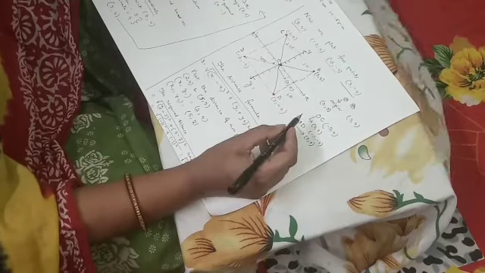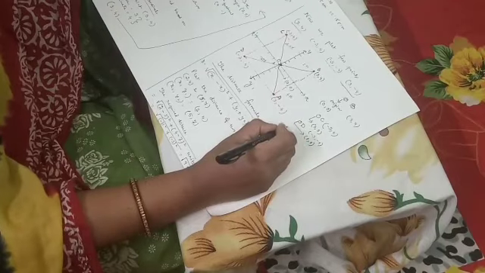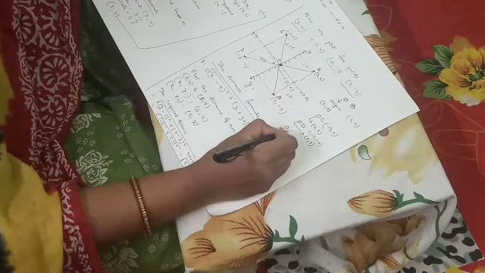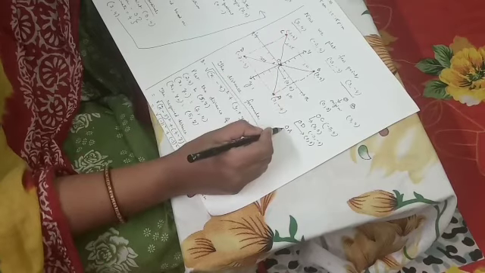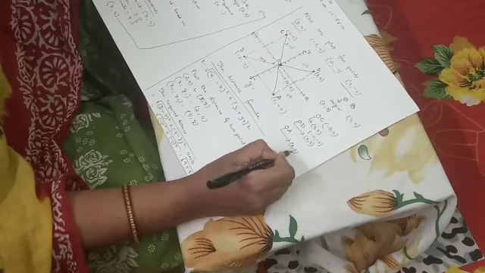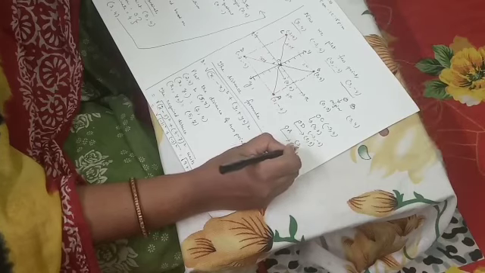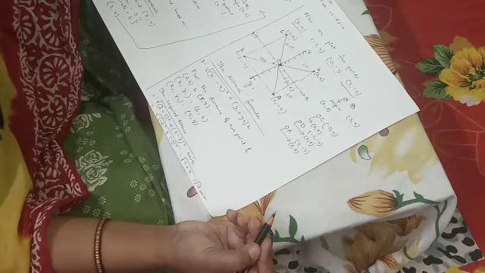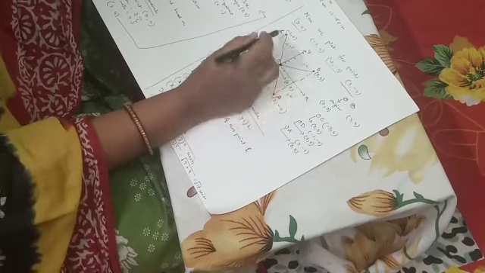Now the next point, OA. What is O? O is the origin, so its position is 0, 0. What is the location of the point A? 3, -4.